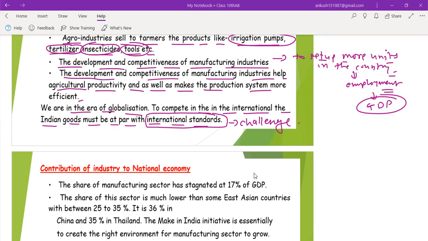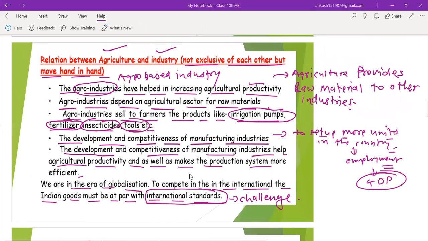They are also involved in that. So standardized things should be imported and even exported. Okay, then only our country can compete with the globalization and its market. We got it? Is there any doubt till now? No doubt. No doubt. Okay.